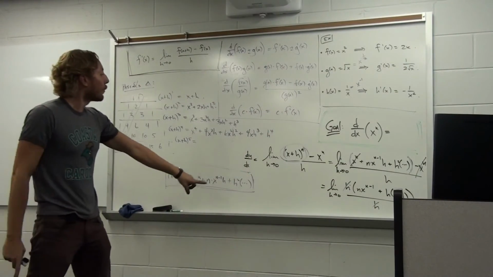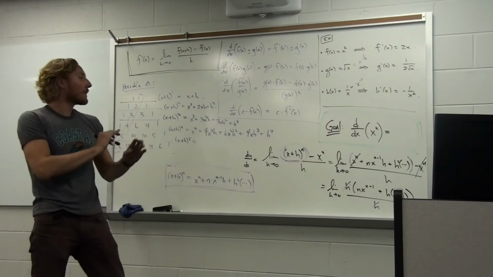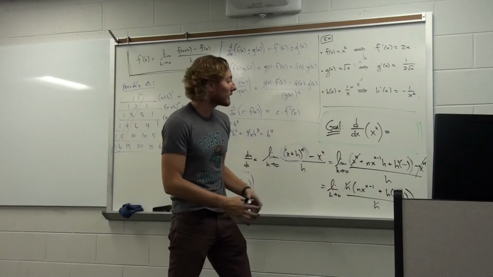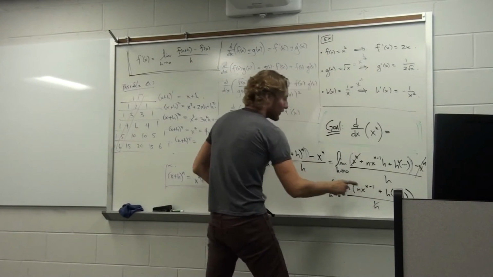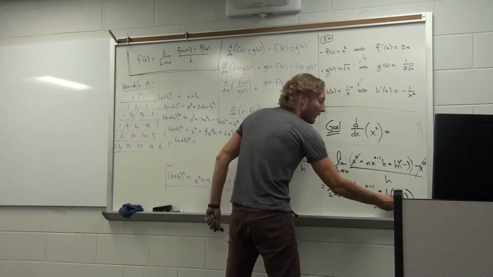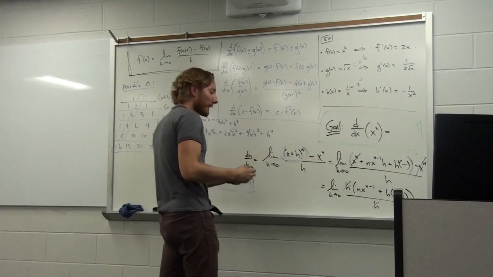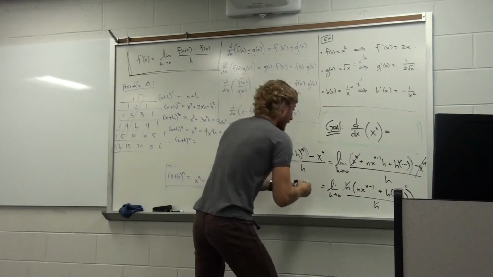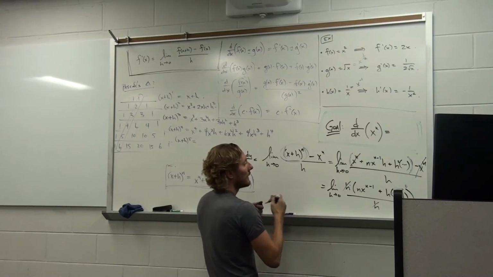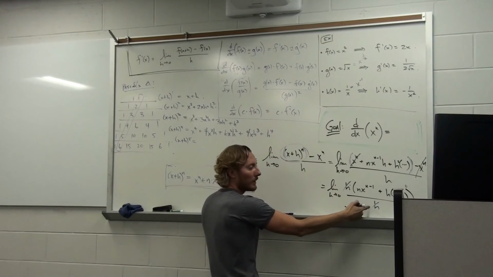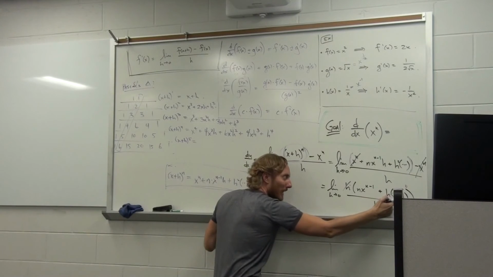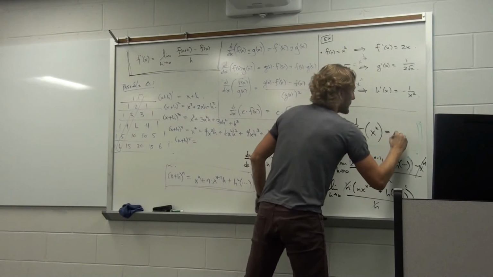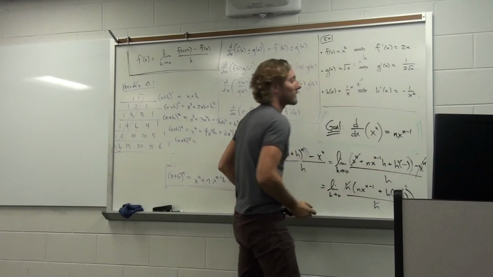And now remember, we really didn't care what that something was, and I told you it wasn't going to come into play. And in fact, it didn't, because note, the h is going to 0, so whatever this thing is going to be multiplied by 0. So this thing goes to 0, and the only thing that's left is n x to the n minus 1.